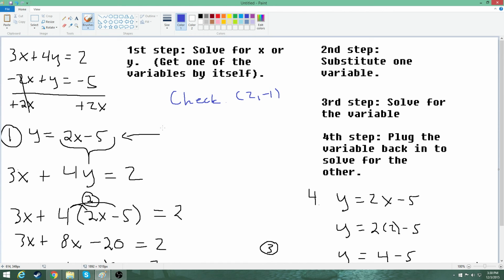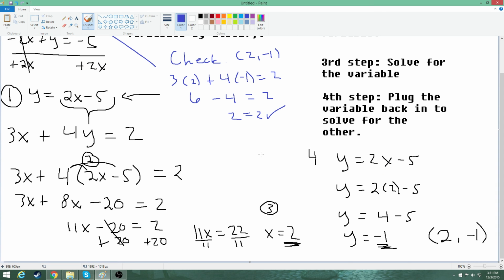So let's plug them into the first one. We got 3 times 2 plus 4 times negative 1. Okay, I'm just using this equation right here. Does it equal 2? So 3 times 2 is 6. 4 times negative 1 is a negative 4. And we get 2 equals 2. Check. It is a solution to the system.